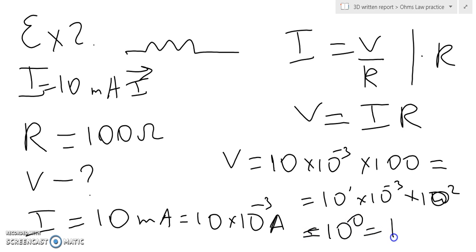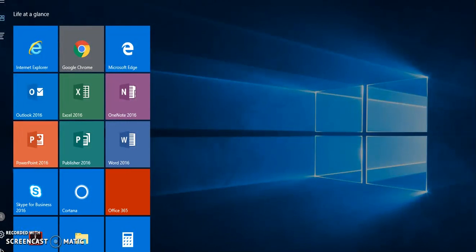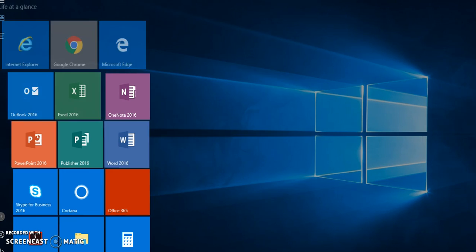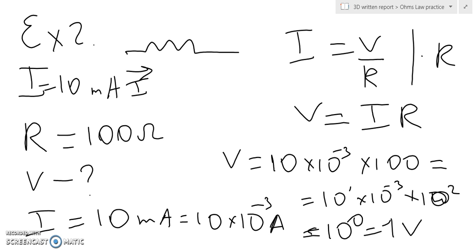And that is just 1. So my answer is 1 volt. I'm very lucky in this particular case because 1 volt is definitely an engineering notation, so I can just plug it in as it is. I don't need to convert anything in this particular case.